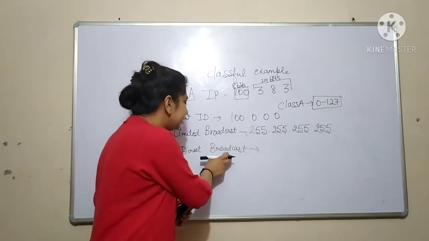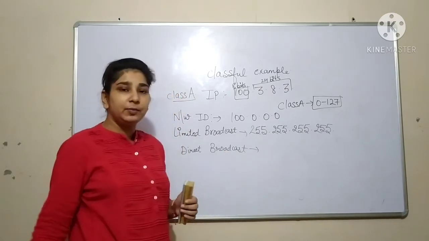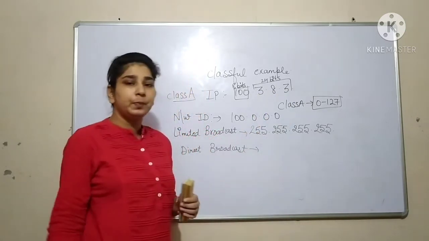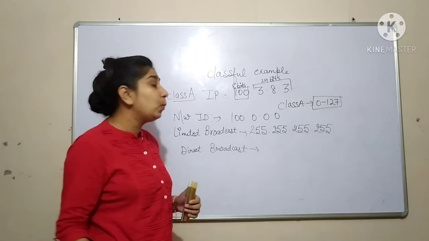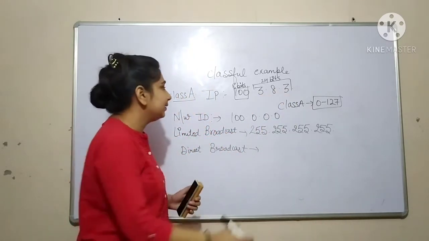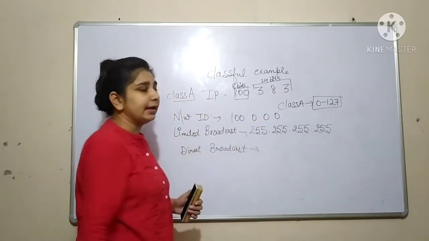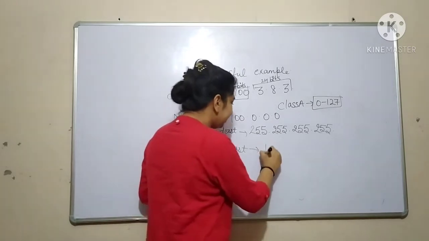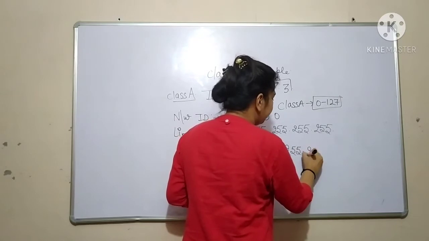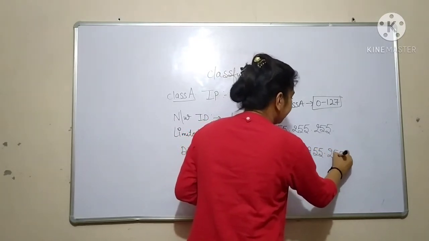Okay, and what is direct broadcast address? If you have to find the direct broadcast address, put all ones in the host ID part. It really doesn't matter what the values of the host ID part are, just put all ones in the 24 bits if it is belonging to class A. So what is going to be the direct broadcast address? 100.255.255.255.